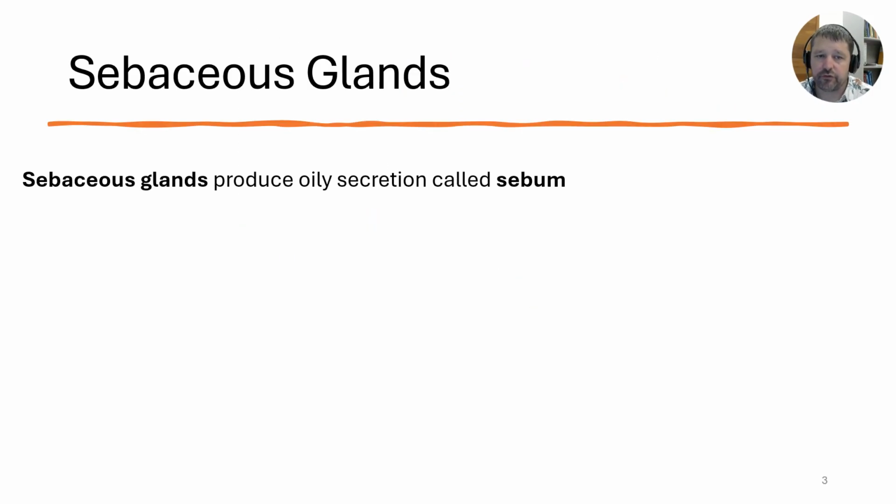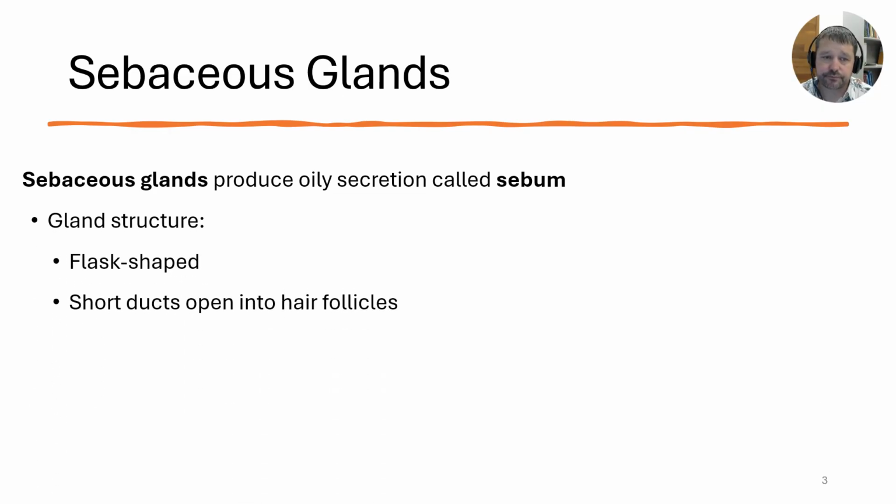Sebaceous glands produce an oily secretion called sebum, and this is the material you feel on your face when you have oily skin, or when your scalp feels oily. That's sebaceous glands typically releasing that oily secretion.